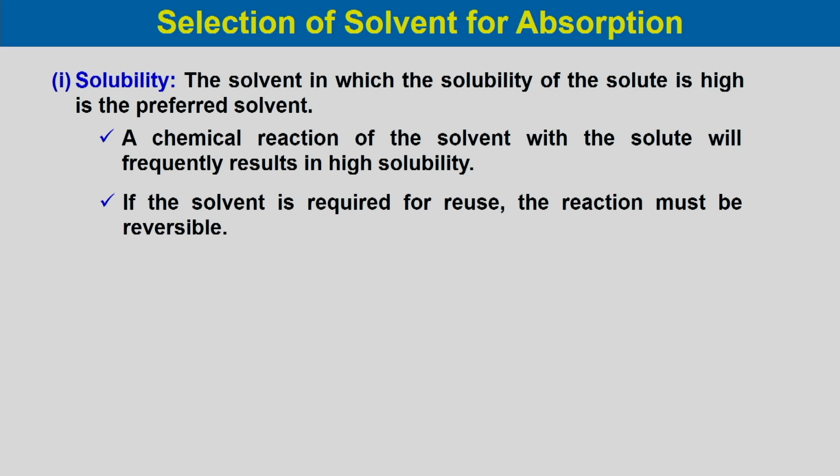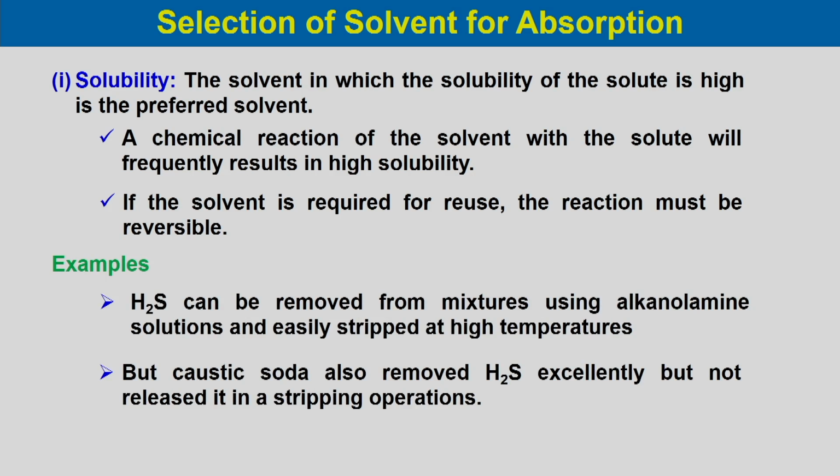If the solvent is required to be reused, the reaction must be reversible. For example, H2S, hydrogen sulfide, can be removed from the mixture using alkanolamine solution and easily stripped at high temperature. Similarly, if hydrogen sulfide or carbon dioxide reacts with alkanolamine, the reaction happens through the formation of carbamate and finally bicarbonate ions, and the reaction is reversible in nature.